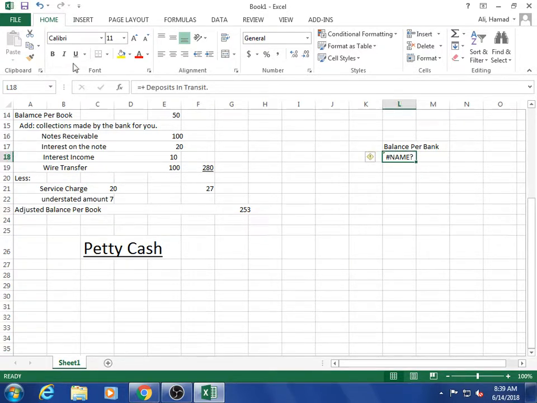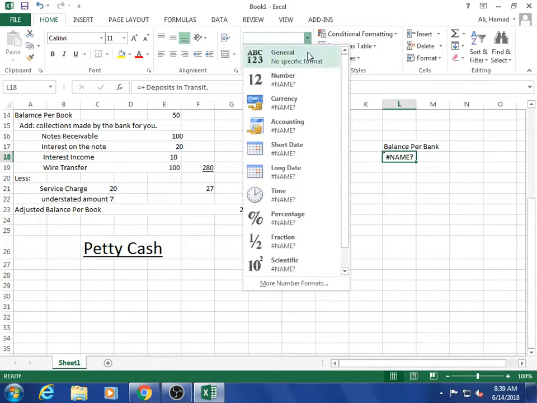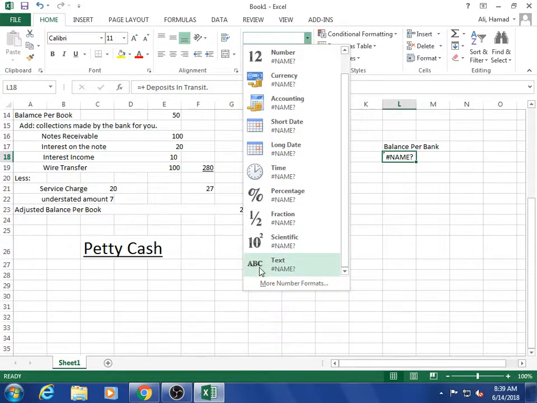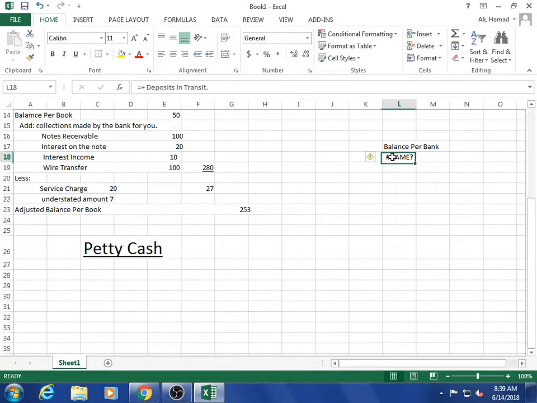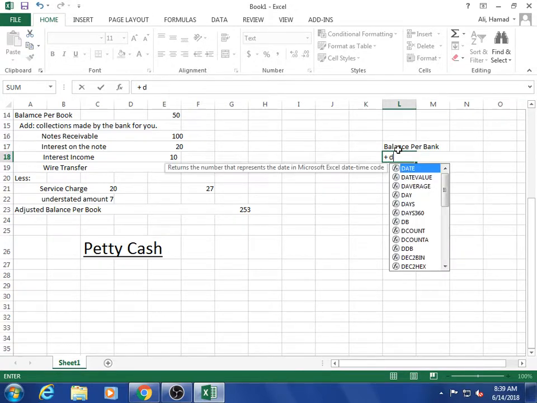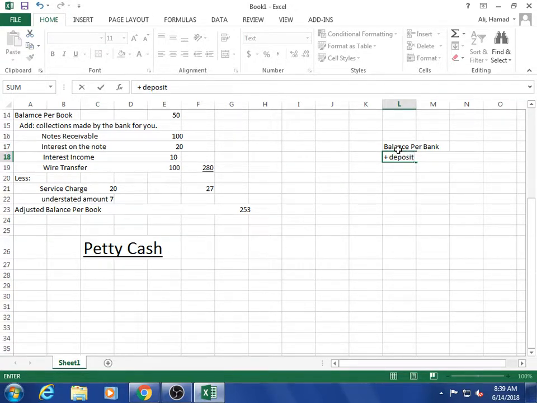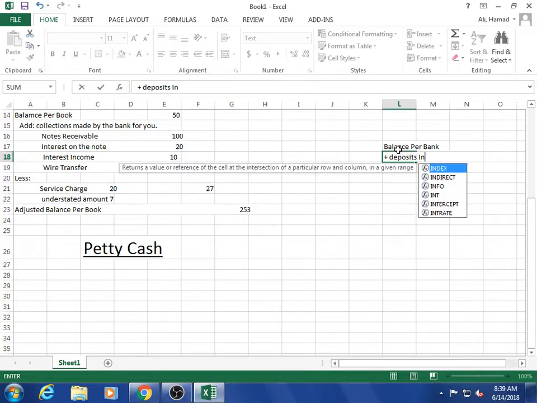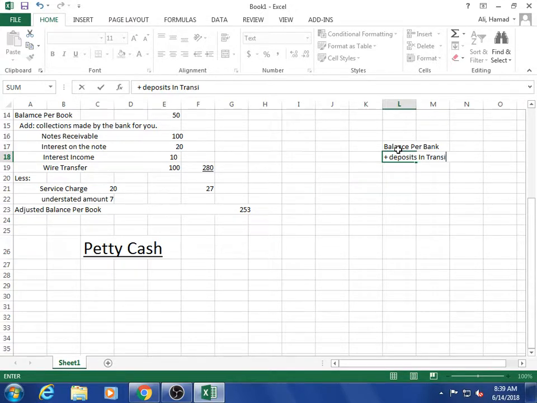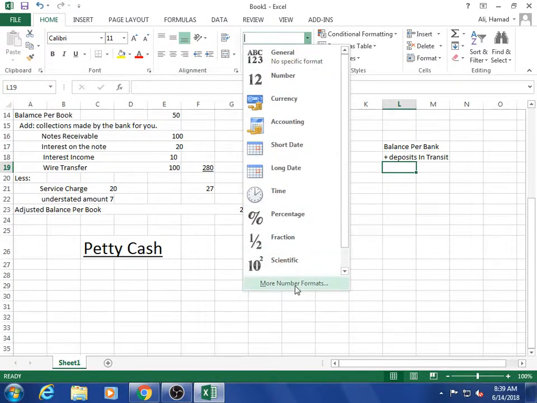Let me just say this is a text. So balance per bank, plus deposits in transit, and let me also put this one as a text.